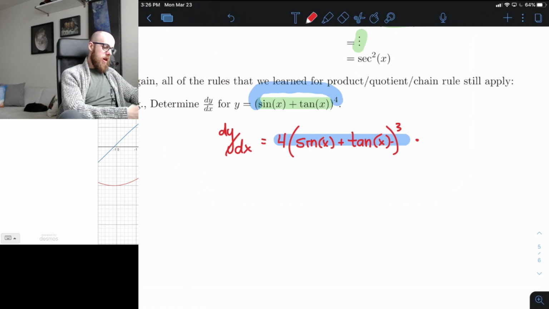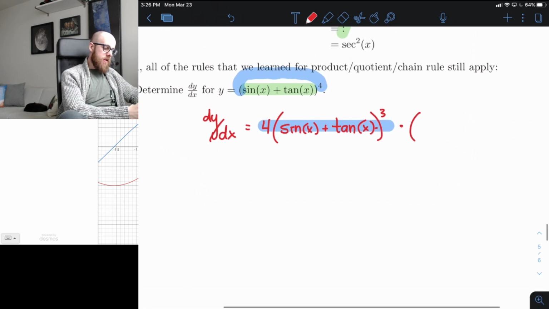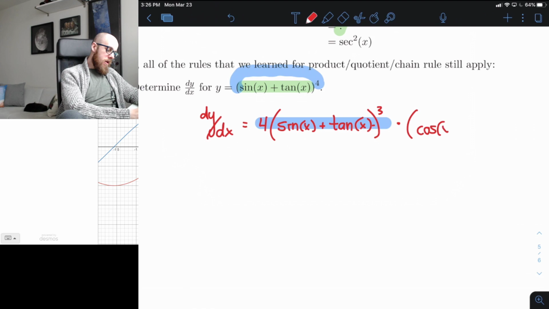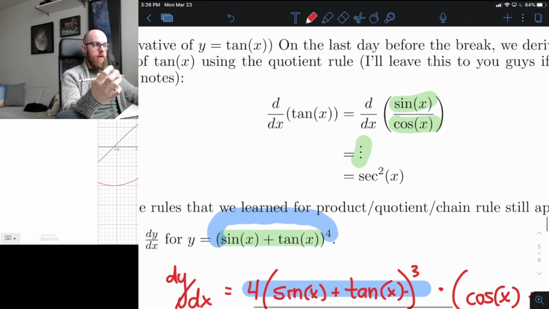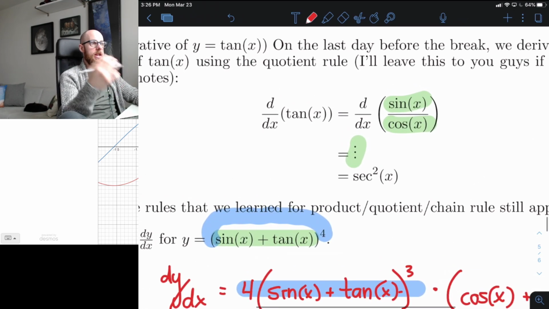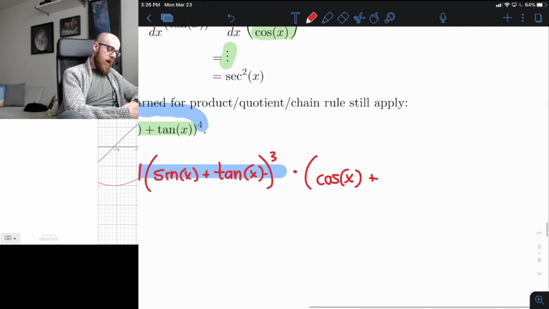I have sine of x, so the derivative of that gives me cosine of x. Plus, now I have tan of x. Up here, we have the formula for the derivative of tan, which is secant squared of x. So I'm going to use that here. I get cos of x plus secant squared of x.